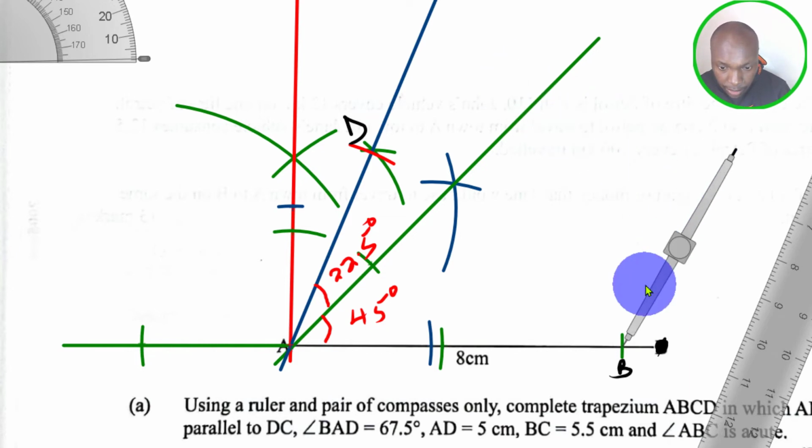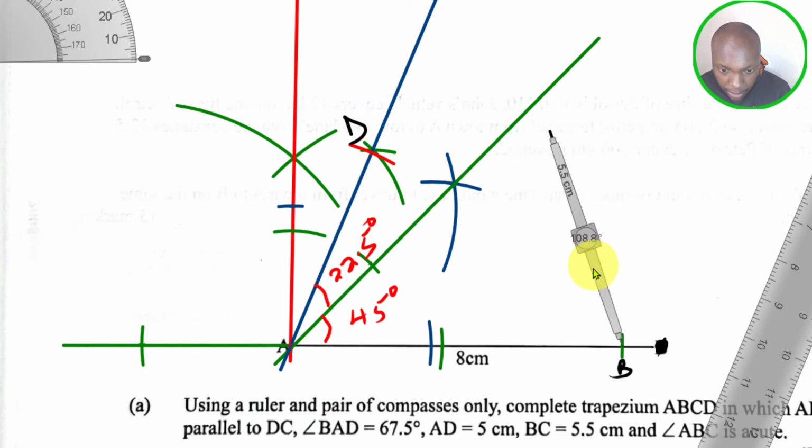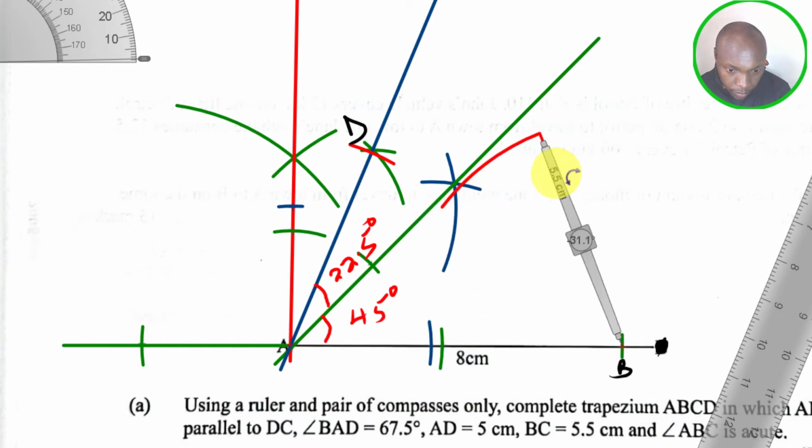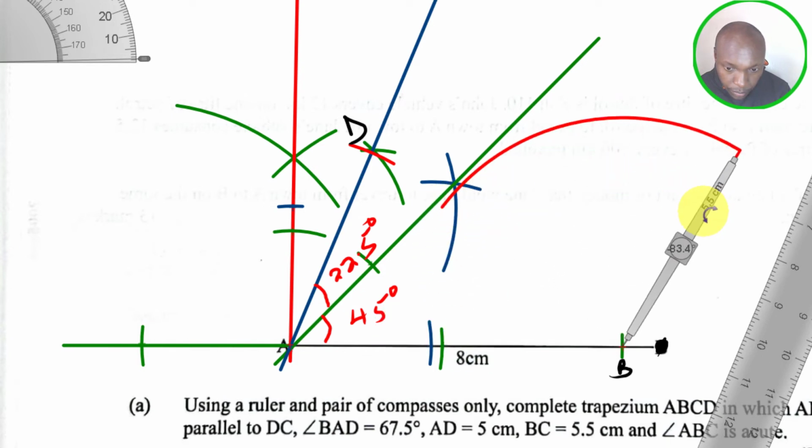So I take this measurement, 5.5, and then I can just mark a big arc somewhere there. That length is 5.5. That will assist us to know exactly where we're going to mark C.